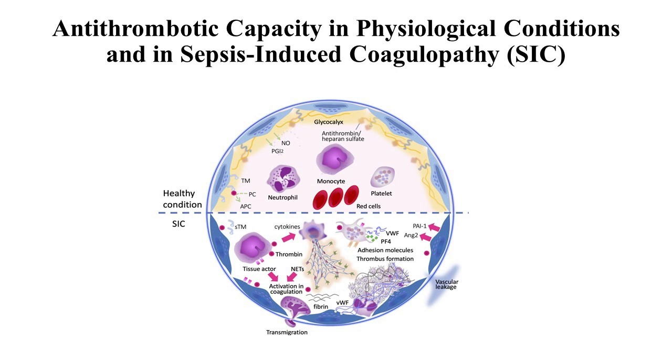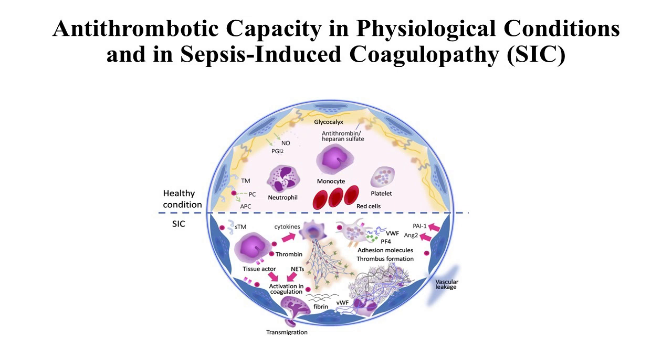At the same time, procoagulant mechanisms are upregulated. Monocytes and endothelial cells express tissue factor, which initiates the coagulation cascade and promotes thrombin generation. Neutrophils release neutrophil extracellular traps, NETs, which provide a scaffold for fibrin deposition and further activate coagulation.